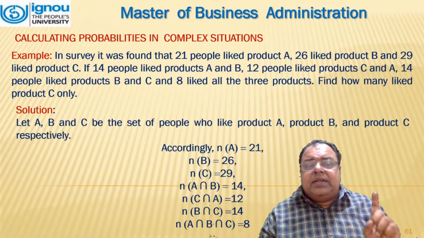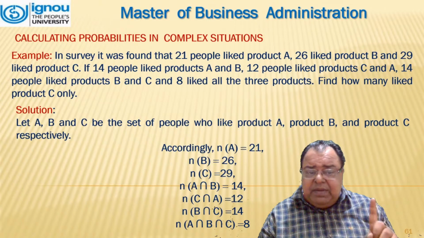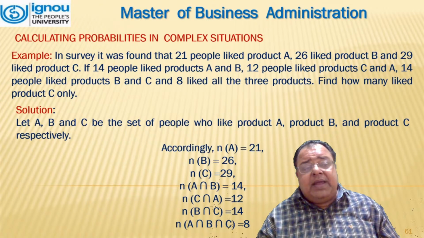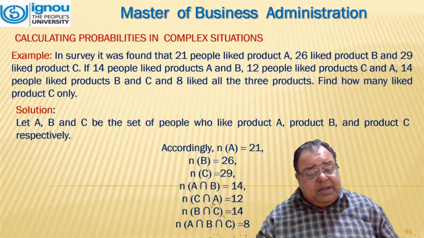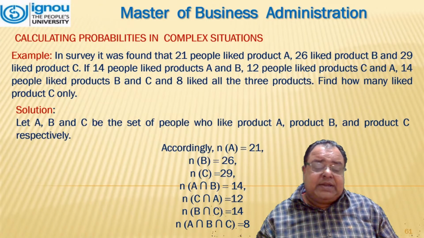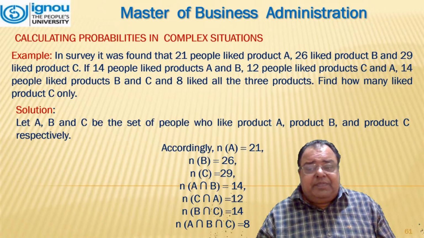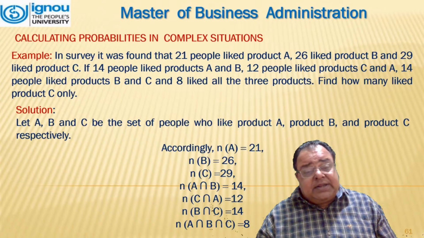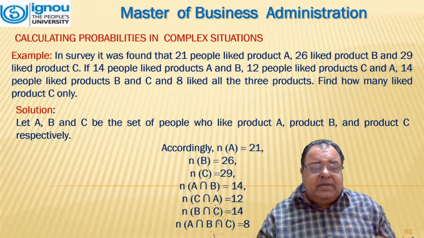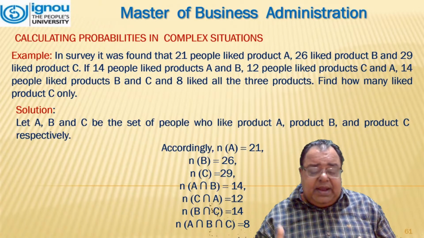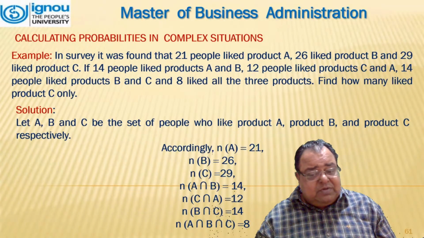Now, the second line states that 14 people like products A and B, that means an intersection of A and B. It is denoted by n(A intersection B) is equal to 14. 12 like C and A, that means n(C intersection A) is 12. 14 are those who liked B and C, that means n(B intersection C) will be 14. And there are 8 who liked all three. That means n(A intersection B intersection C) is equal to 8.